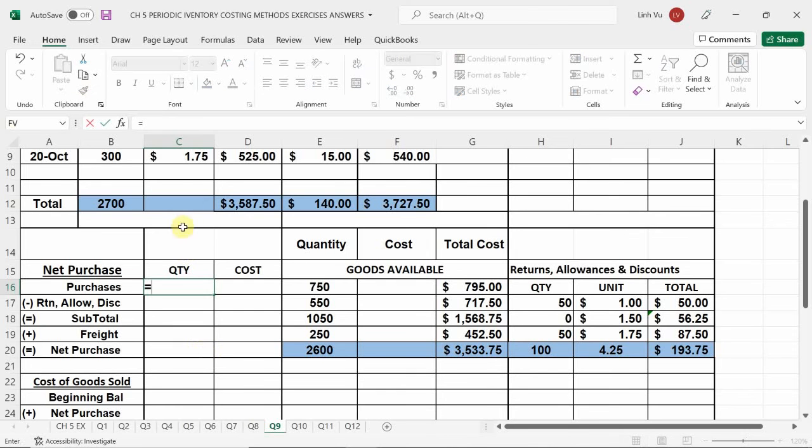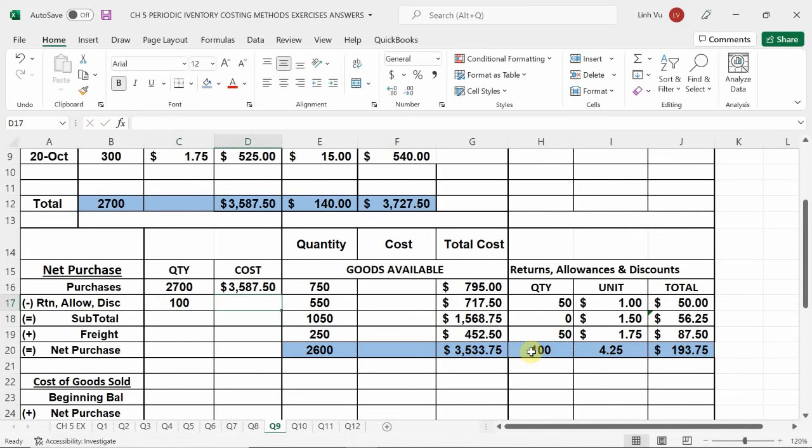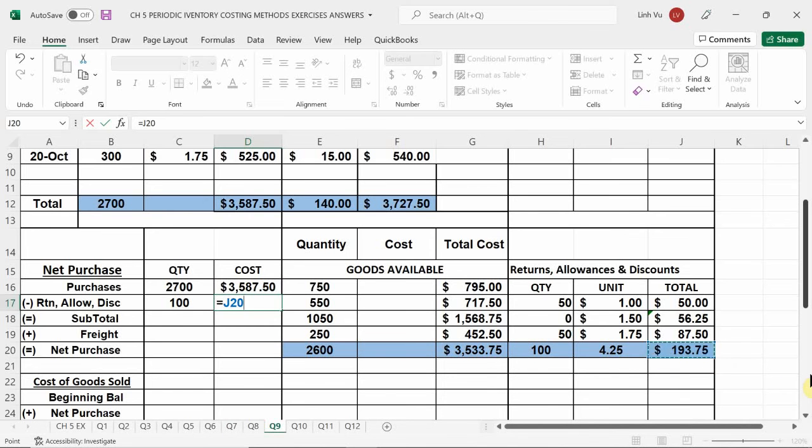Okay, so my total purchases, I purchased 2,700 at that $3,587.50. I end up returning 100 units, which returned to me $193.75. So therefore, refunds will decrease your purchases. Okay. So I'm at 2,600 units at $3,393.75.